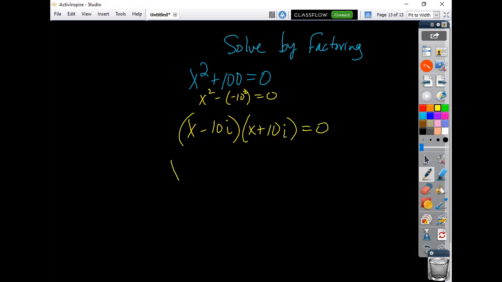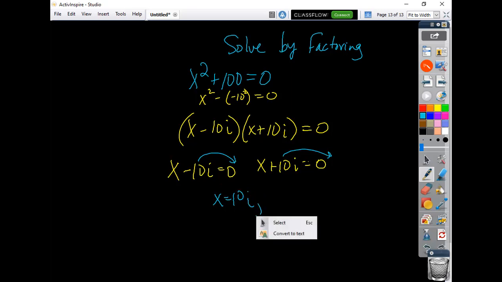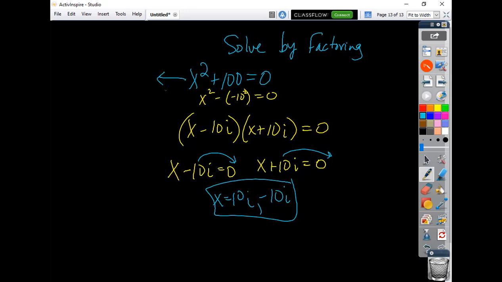Zero product property says set each of them equal to 0. And subtract the other side, add the other side. And I've got a 10i here. And on this one, I would have a negative 10i. So where I said I couldn't solve it before, now I can. You could do this by factoring as well.